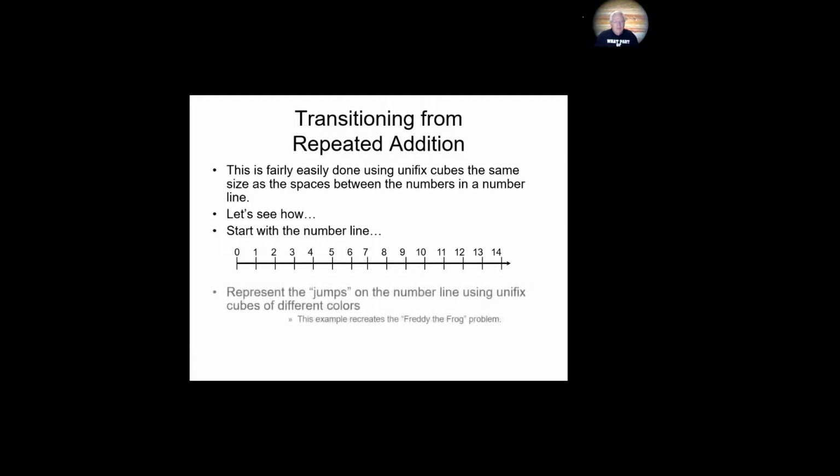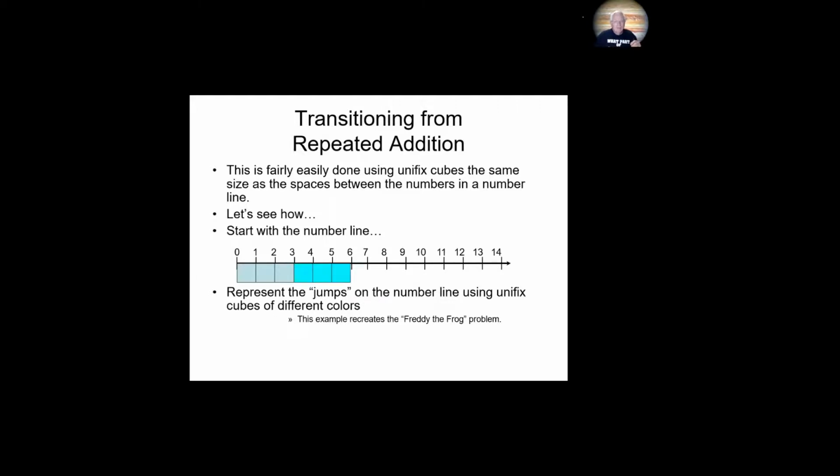If you think about the little snap cubes that I had where I could snap them together to build tens in some of those early examples, what we would now do is represent the jumps on the number line using those snapping unifix cubes of different colors. So there's my first jump. And you notice I could represent that with the snap cubes. There would be my second jump.